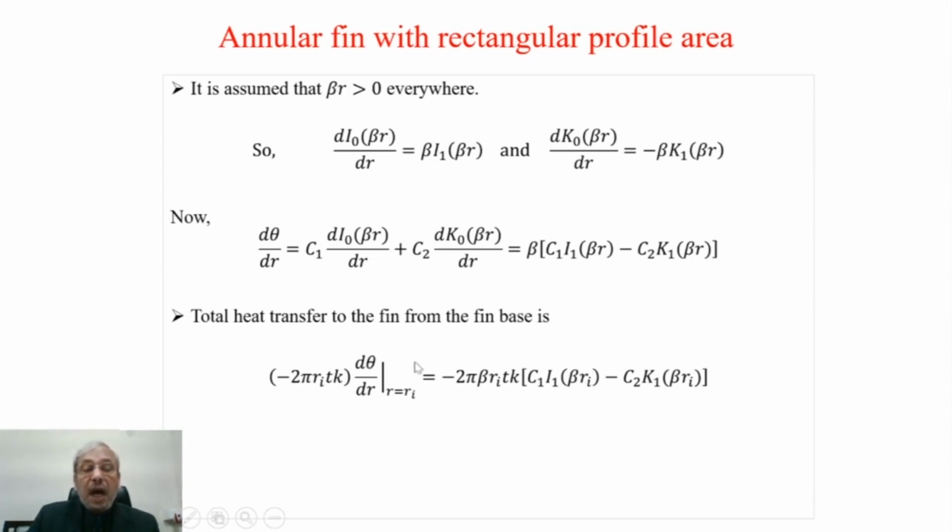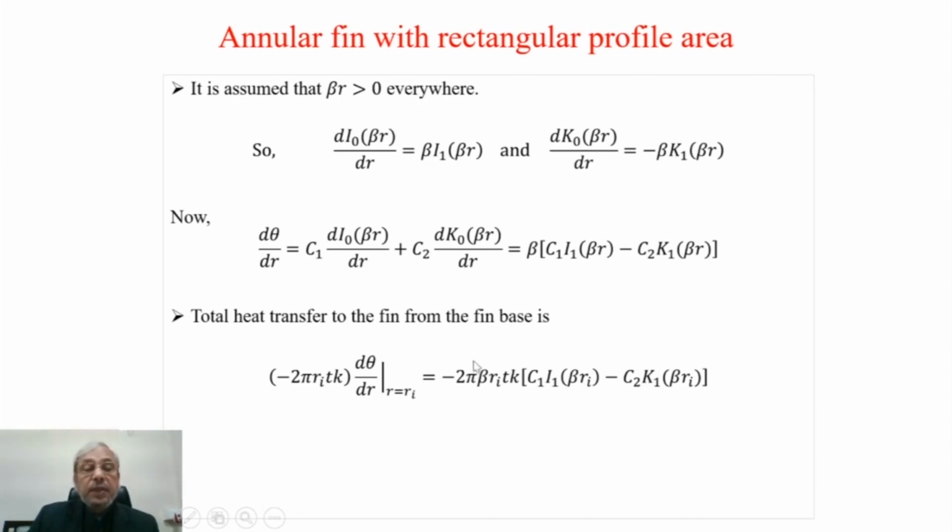That means at r equal to Ri, area, thermal conductivity and gradient, minus k A dT/dr, can be written as minus 2 pi Ri k d theta/dr at r equal to Ri. And this is the expression we get.